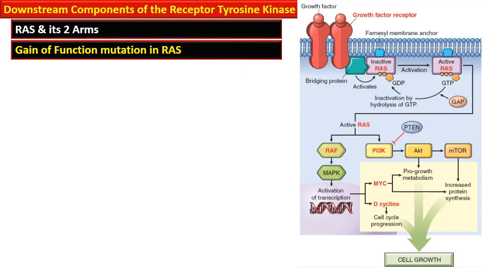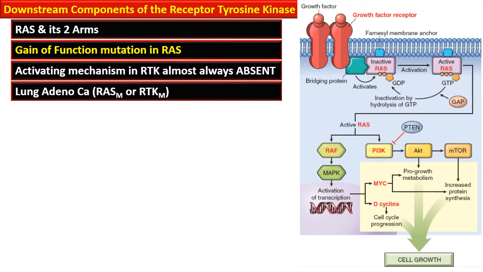Usually there is gain of function mutation in the RAS, and if this gain of function is there, the activating mechanism in the receptor tyrosine kinase is almost always absent.